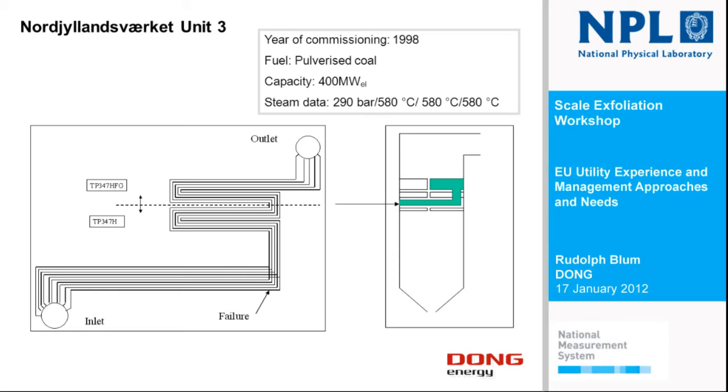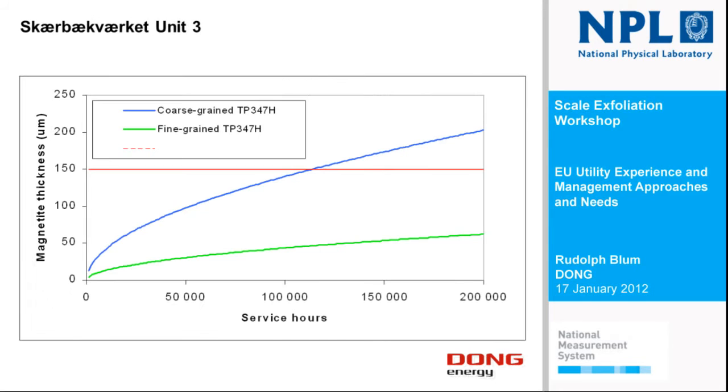And what I want to show you here, we made actually this calculation, and it shows that if you use fine-grained 347, over the entire life, which I said was 200,000 hours, you will be below or come up to something like 50 micron for a full surface.